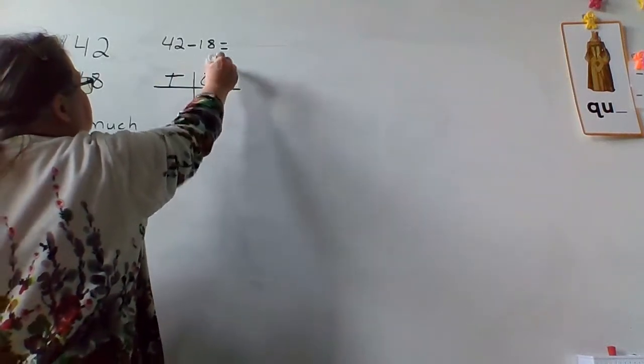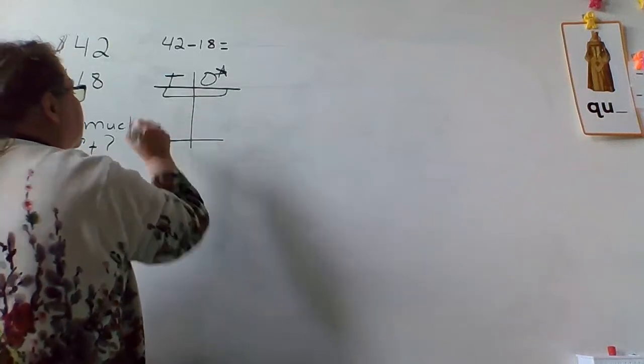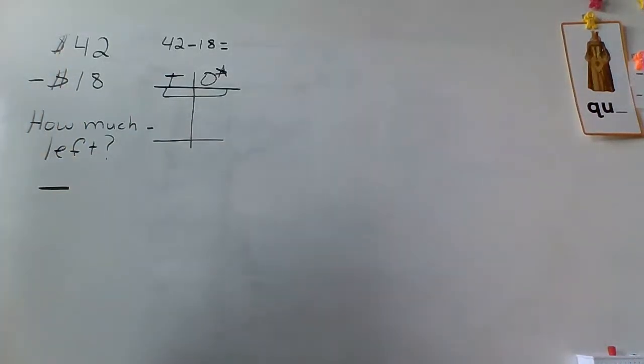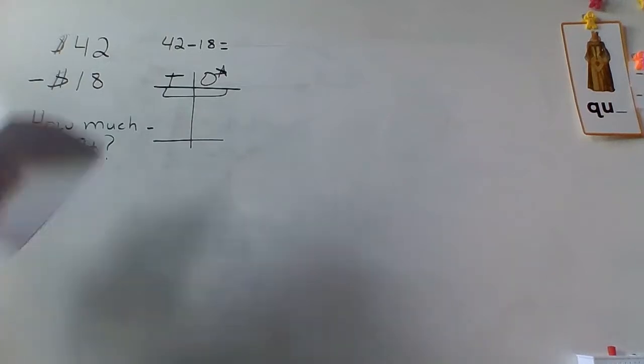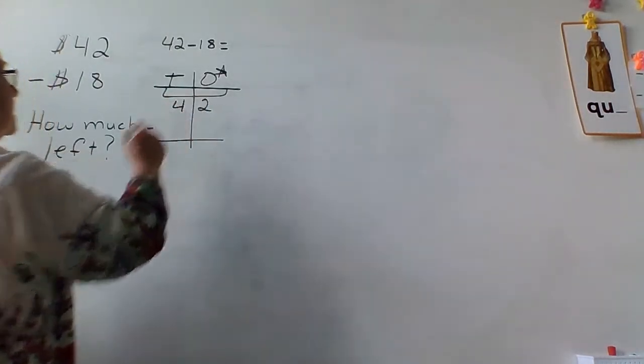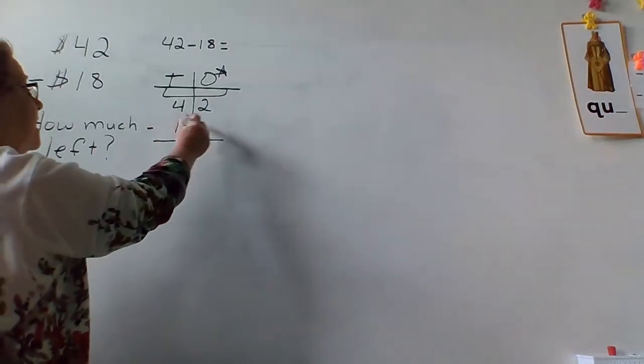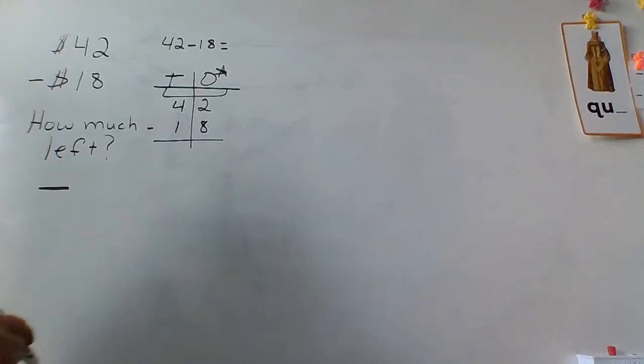Tens, ones, star, box, line, subtraction mark. Okay? 42 goes in first, 4 tens and 2 ones. 18 goes in next, 1 ten, 8 ones. So there's my subtraction problem.